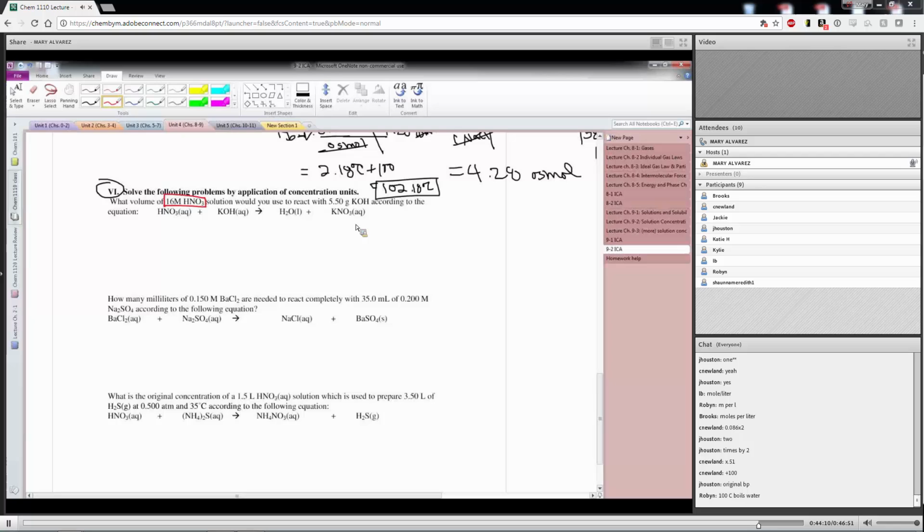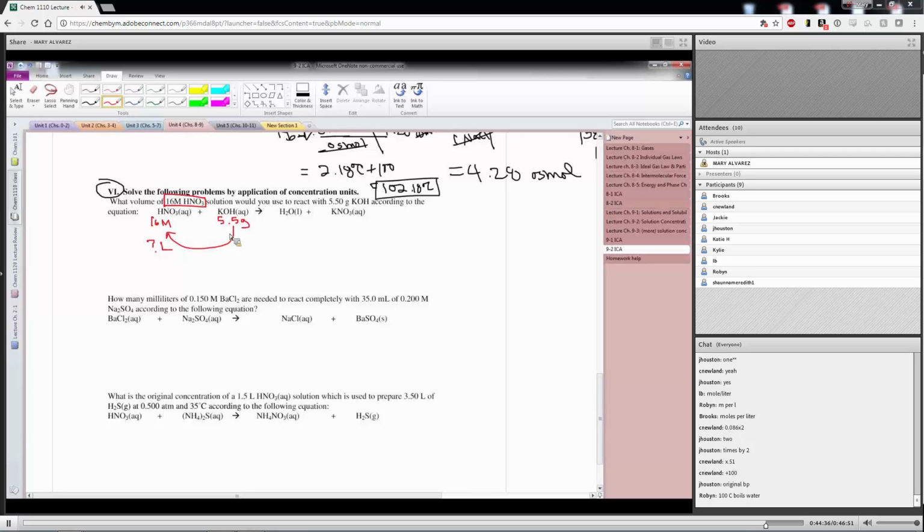Okay. So for instance, if I give you an equation and say I start with 5.5 grams of this, and I know I'm using 16 molarity solution of this, the question then is what volume or how many milliliters, how many liters of this solution is going to react with that.